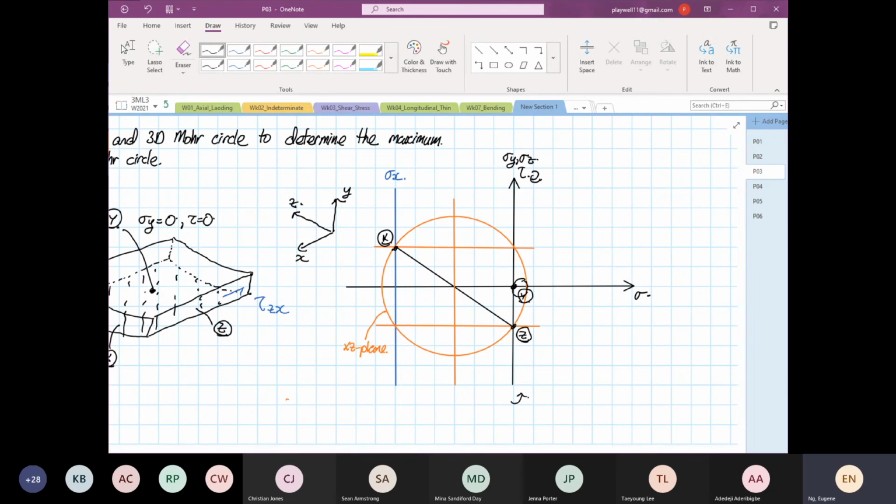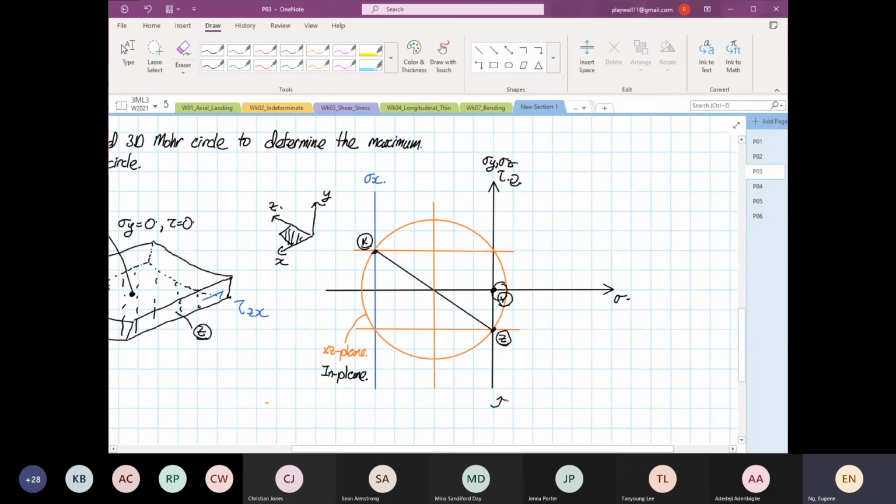Now, the XZ plane is our in-plane because the surface area is the biggest. So the XZ plane is this plane we're talking about. Then the next circle that I can sketch is your YZ plane, out of plane.